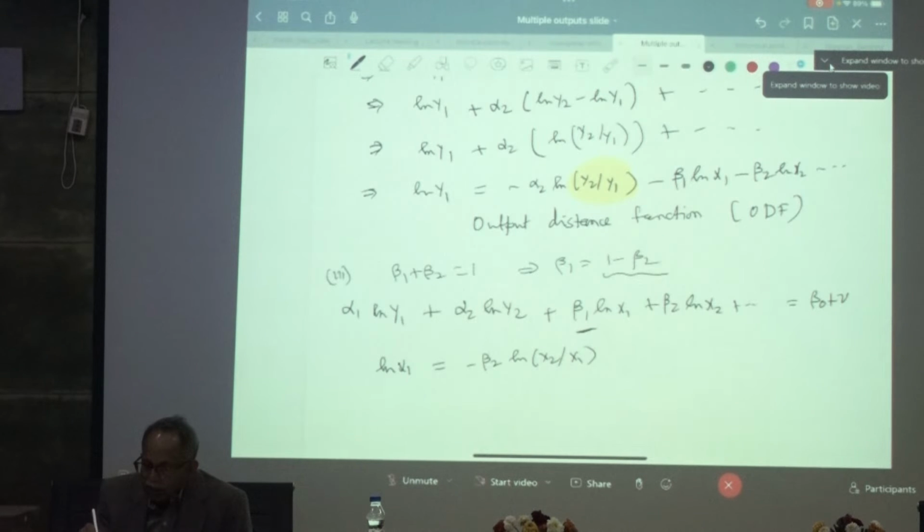And then you will have the output quantities, like alpha 1 log of y1 minus alpha 2 log of y2 and things like that. So what is happening? If you are careful, you will immediately see that what I have done is nothing but switched x with y. If you switch x with y, what I got is exactly the same as the output distance function, and this is the input distance function.